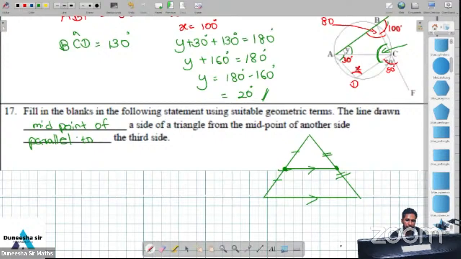Midpoint theorem. Then if it is 2 centimeters, how much is the third side equal to? 4 centimeters. Yes, it's 4 centimeters.